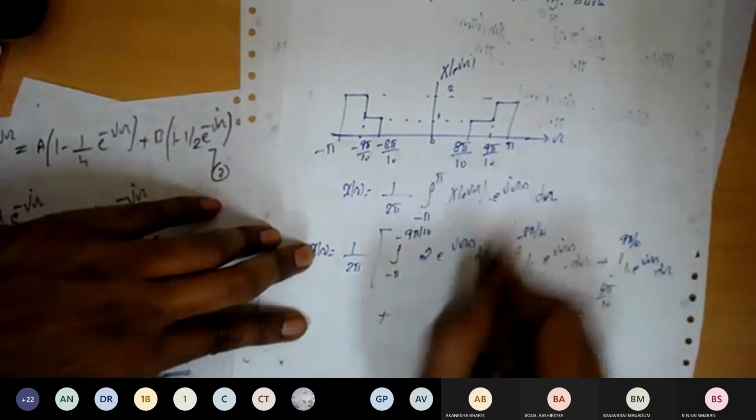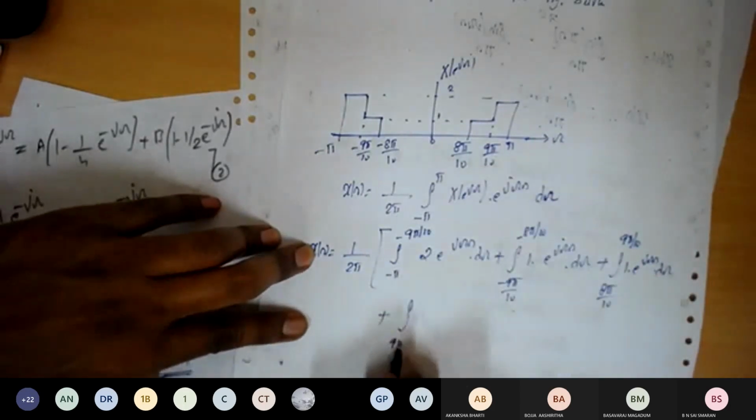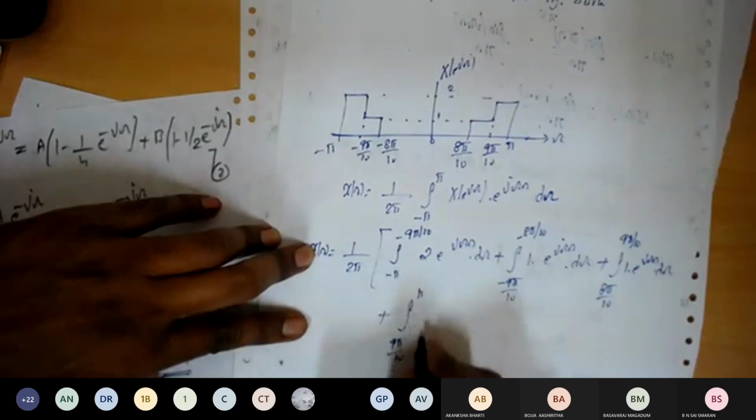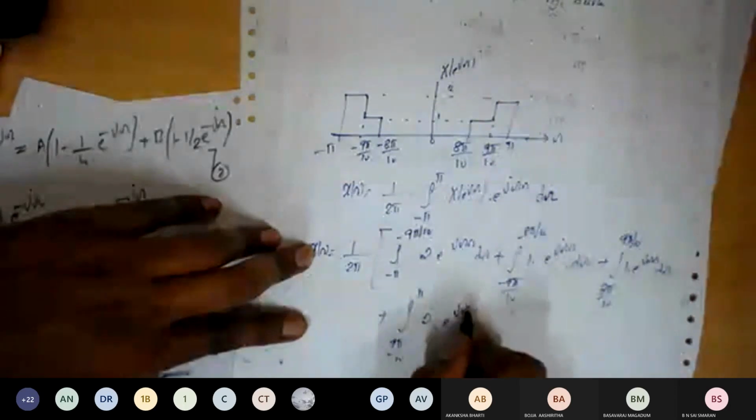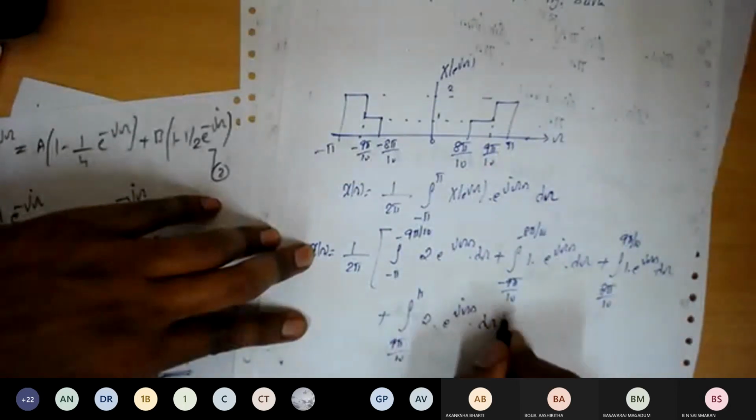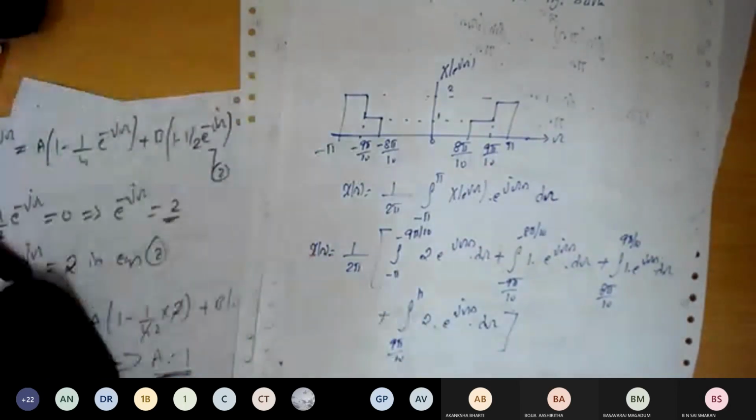Again, the last integral is from 9 pi by 10 to pi. The value is 2 into e to the power of j omega n d omega.